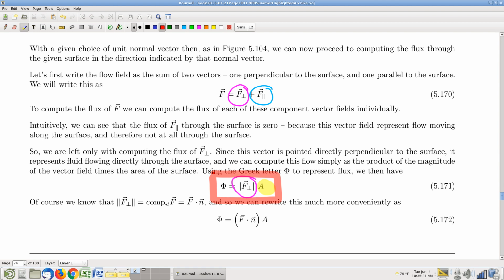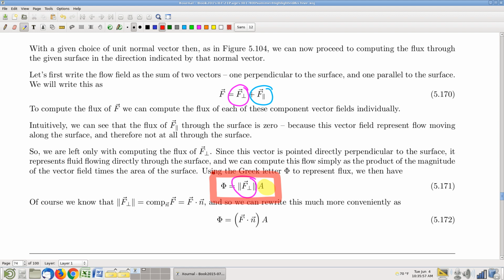Also, you may recall we did an application way back at the very beginning of chapter 5. One of our first applications of integrals was to observe that if you're interested in water flowing through a pipe, how much volume per time is passing through the pipe, we came up with, again, speed times area. Okay. So this is what we're interested in.